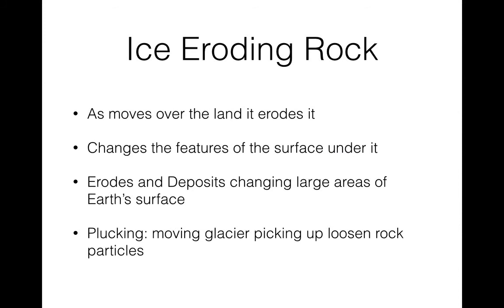As glaciers move slowly over things, they pick things up and erode the land underneath, and they deposit them elsewhere. So you have a lot of erosion and deposition going on, changing large areas of the Earth's surface. This happened here in this part of the country, in the Midwest. This is how the Great Lakes were formed.